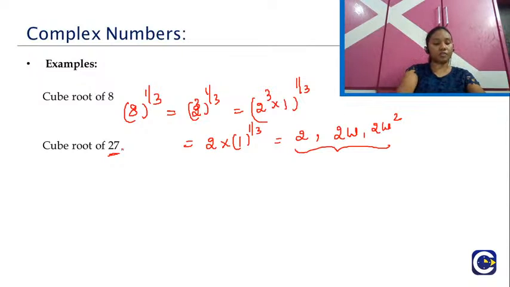Second one, cube root of 27. Sudan and Ridhishri. So 27, we have to find the cube root of it. So it will be 27 power 1 by 3.